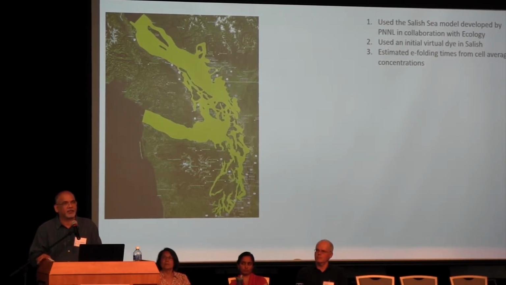The time it takes to reduce the initial concentration by 63%, down to 37%, is the e-folding time. We call it that because 0.37 is 1 over e, the base of the natural logarithm, which is what scientists have traditionally used. That's why they call it the e-folding time.